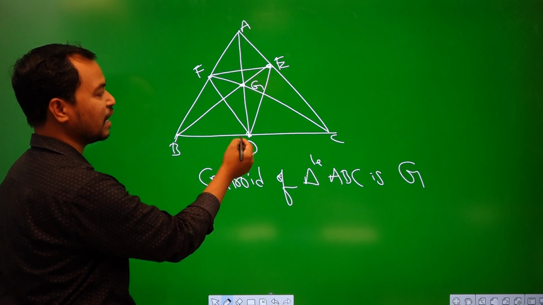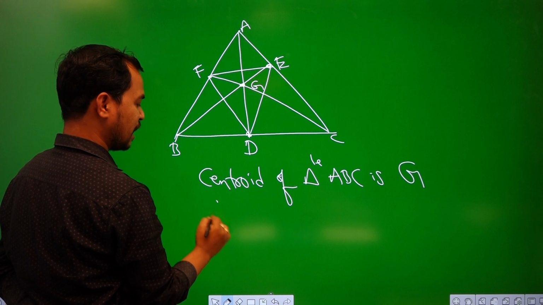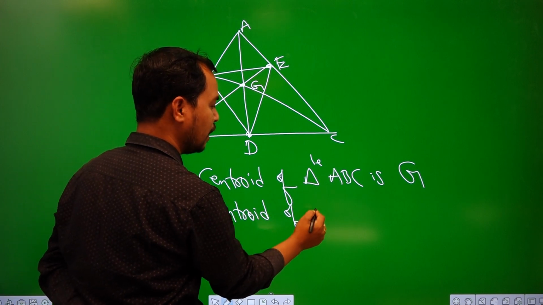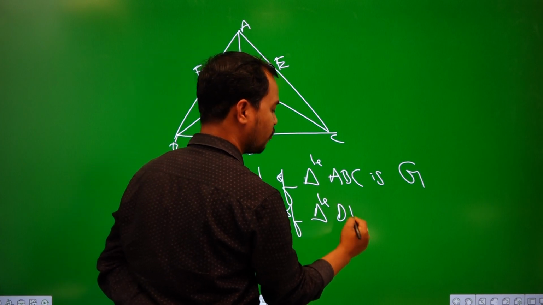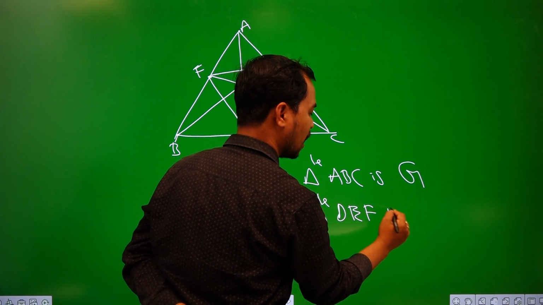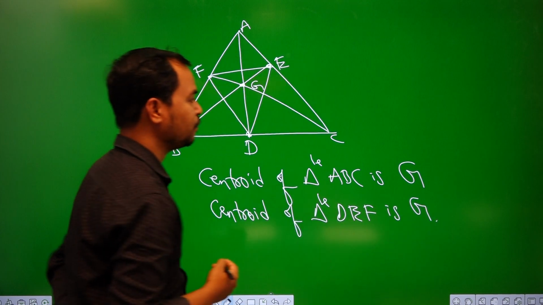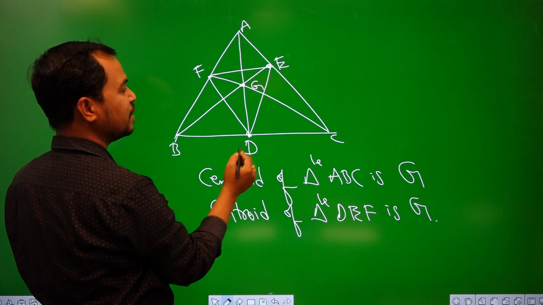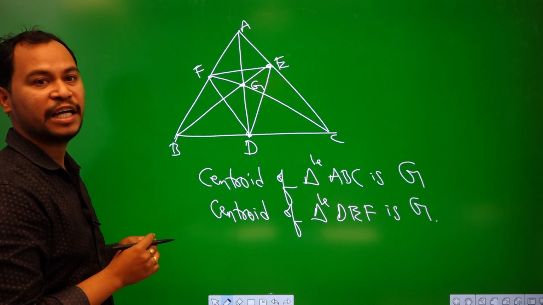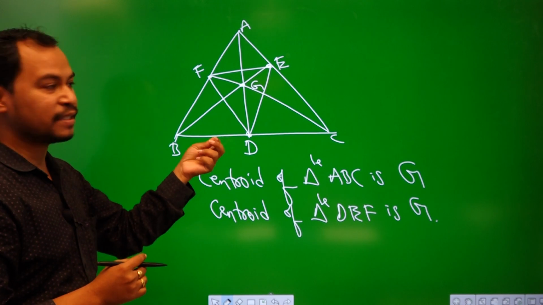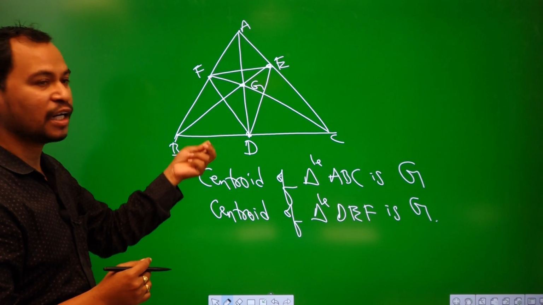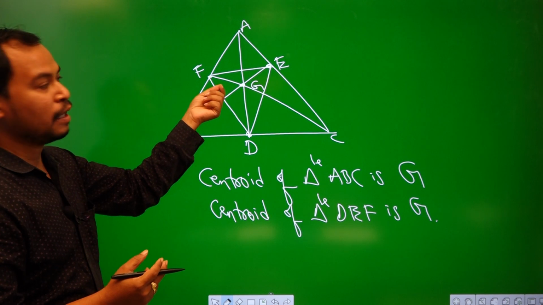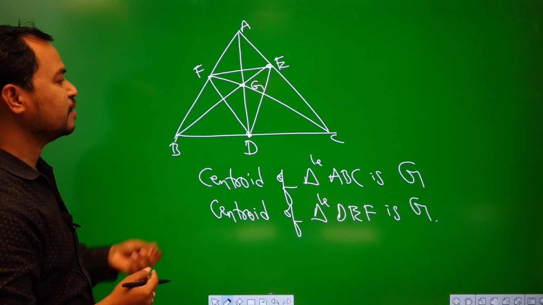Obviously the centroid of triangle DEF is also the same G. Here G acts as the centroid of triangle ABC as well as triangle DEF. This is common. Centroid means average or gravitational. In general, you can see the word gravitational force. It is located at the middle of the triangle. This is G.